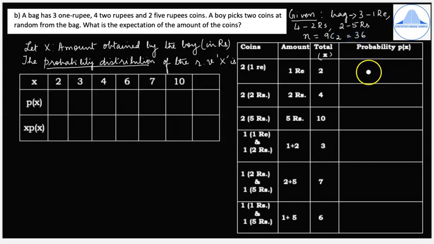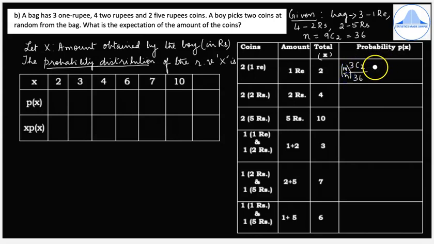So now let us find out what is the probability of him picking two 1 rupee coins. So there are 3 1 rupee coins and he has to pick only 2. So it is 3C2 divided by 9C2, which is nothing but 36. So remember that we are using the formula m divided by n throughout.